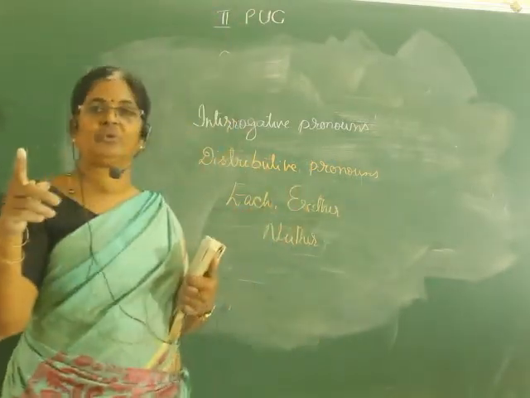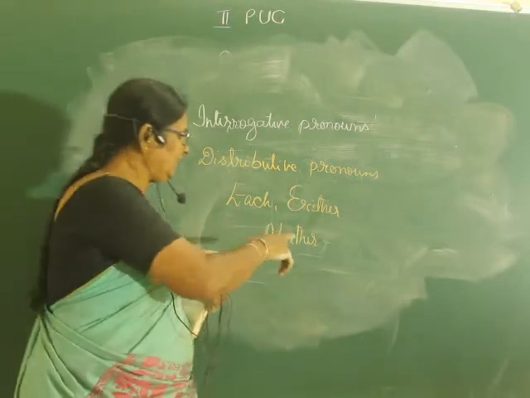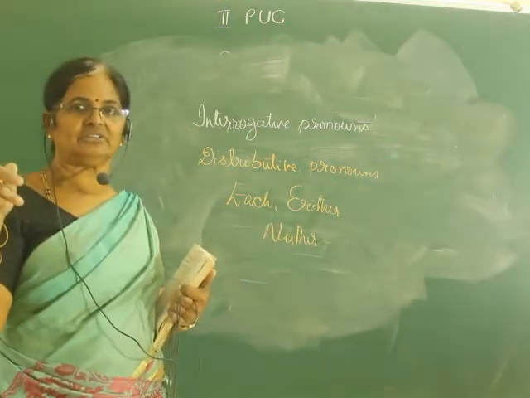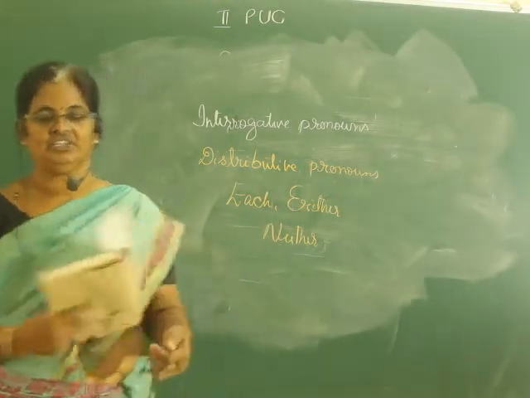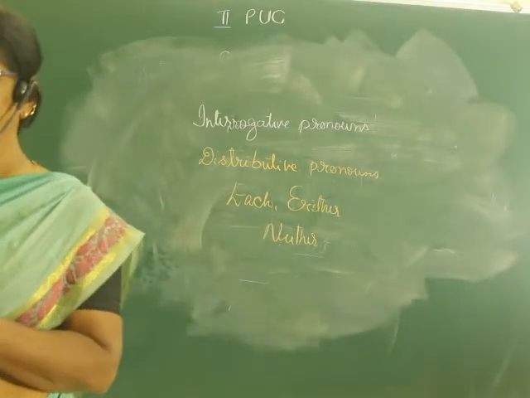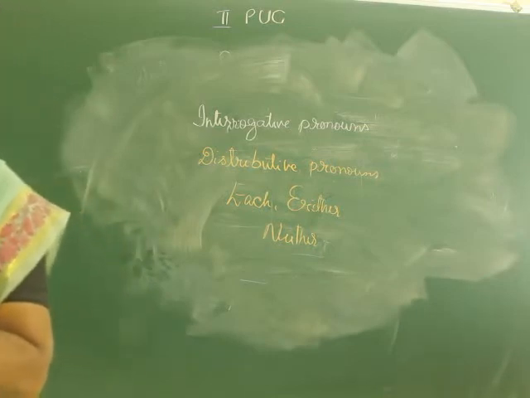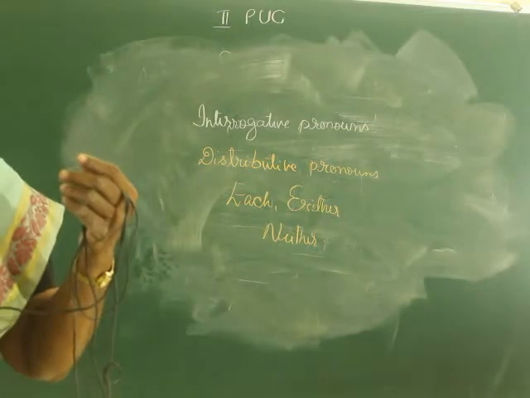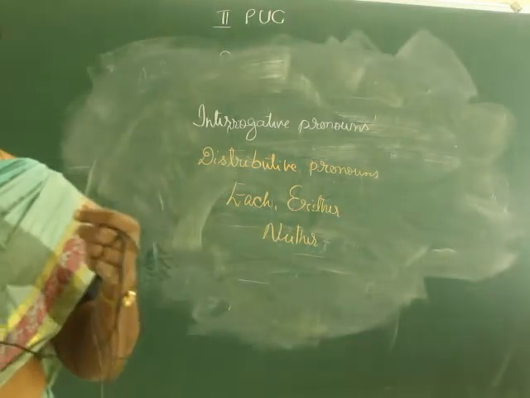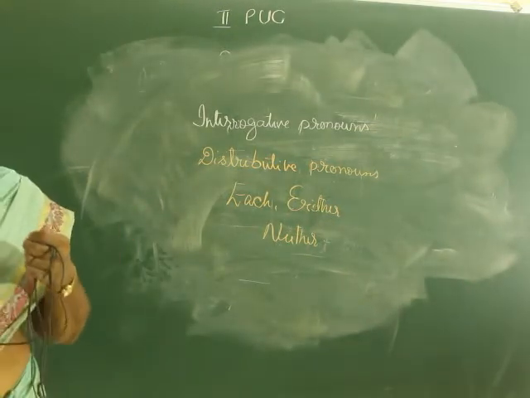Either of you can answer. Neither of you is wrong. When neither comes, you have to use the singular. Got it? So, this is a distributive pronoun, because they refer to persons or things taken one at a time.